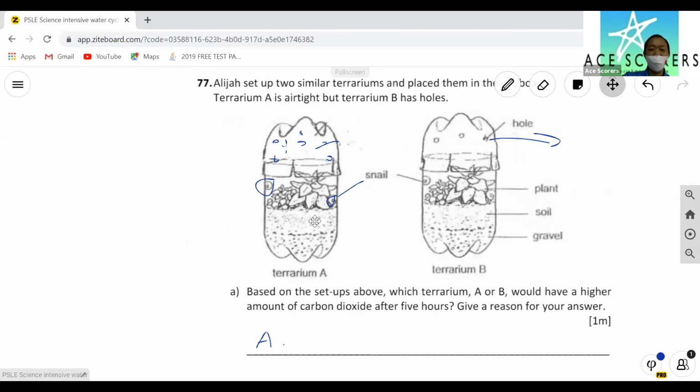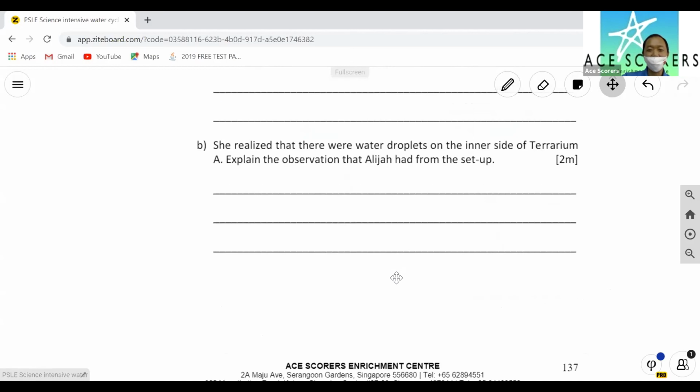Because the warm water vapor touches the cooler inner surface, loses heat, condenses, and forms water droplets. Is it okay? Important, yeah? So here, why no water droplets? Because the water escapes. It's like the hot bun question.